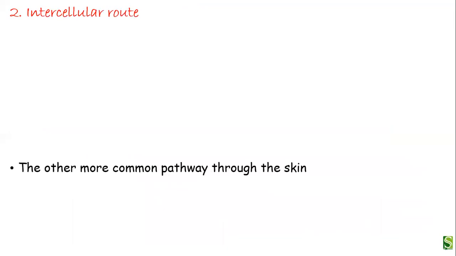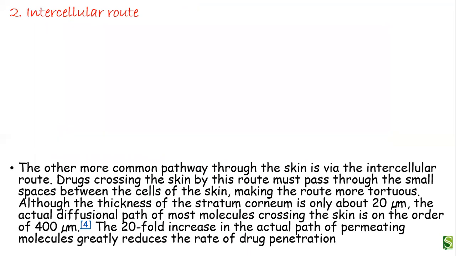It is the second most common pathway through the skin. Here the drug which crosses the skin by this route must pass through the small spaces present between the cells of the skin, and because of it the route is tortuous, meaning it is random, and the path length also increases.